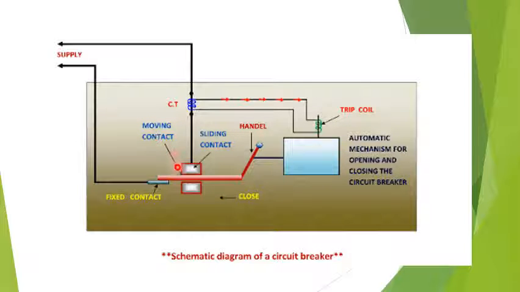This is indicating a moving contact. Whenever there is a fault taking place, this is going to get energized. As these are closed, it is going to open once the fault has taken place in the relay, thereby isolating the healthy system in the power system network.